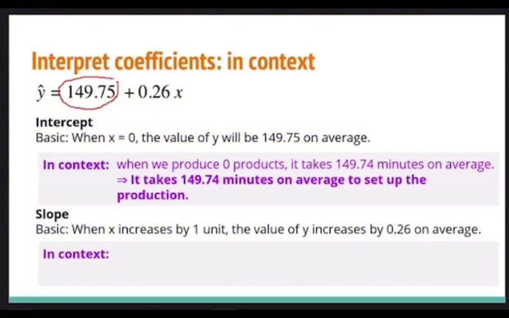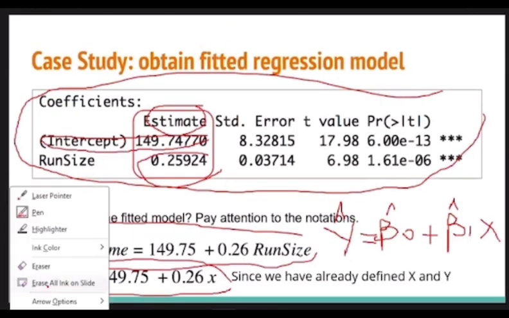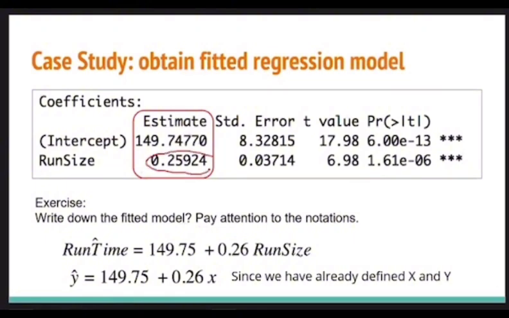Okay, now the next interpretation is the slope. Then I'm going to first start with the basic one. In the basic one, I'm going to be talking about mathematical interpretation, y and s. So I'm going to say when s increases by 1 unit, the values of y could increase or decrease depending on the slope, depending on the sign.